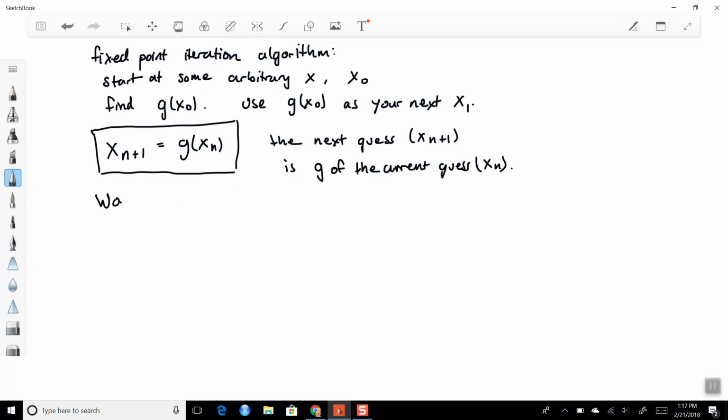And this works if the derivative, if the slope at g of x, if the absolute value of the slope is less than 1, okay? Otherwise, it will diverge. So let me just illustrate how this might look.